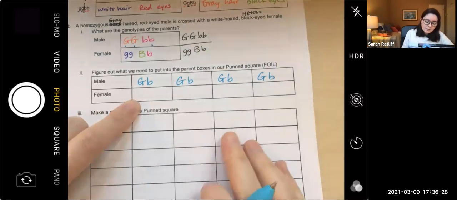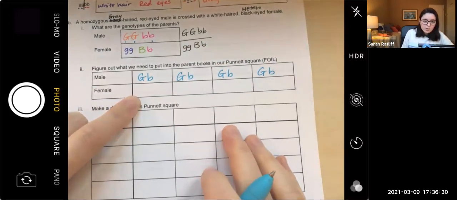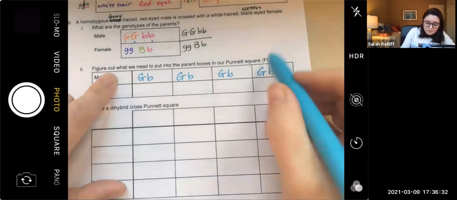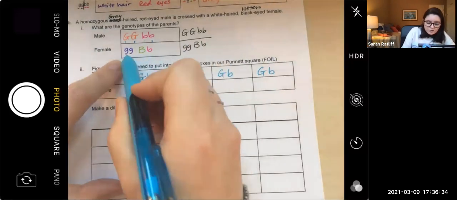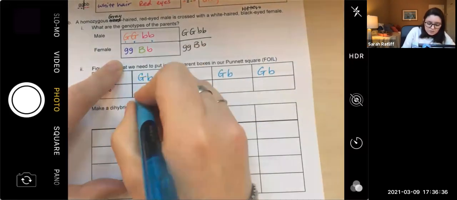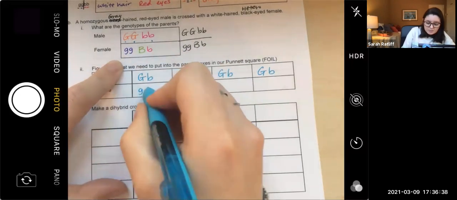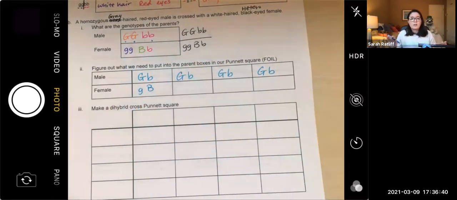Next up, the female. We're going to have to FOIL all over again. So first, what are the first two letters of each of these traits? We got a little g and a big B. Now we're going to pause. Our best practices usually tell us that the capital letter needs to come first. However, when we're talking about dihybrid crosses, we need to be consistent about our letters before we can worry about our capitalization.